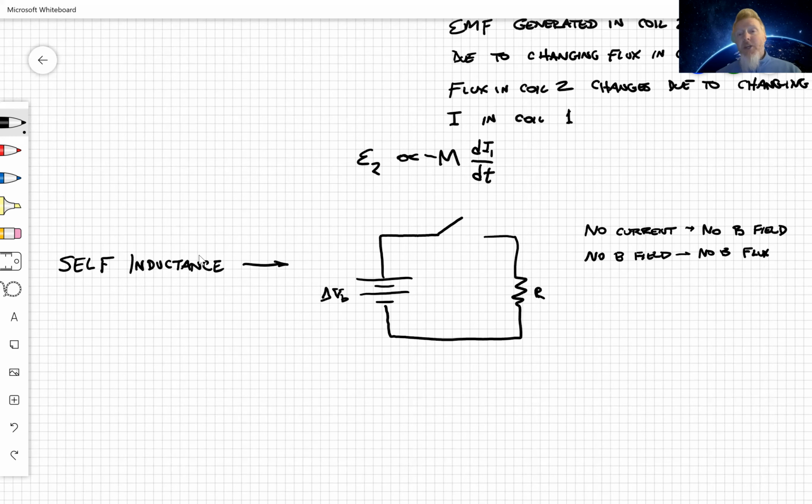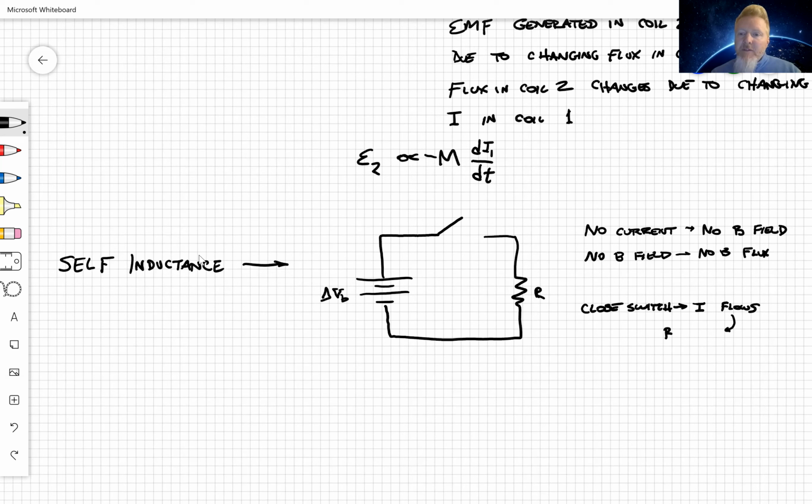That's going to change when I shut the switch. Once the switch shuts and the current flows, there's going to be a B field established. Okay, I flows.